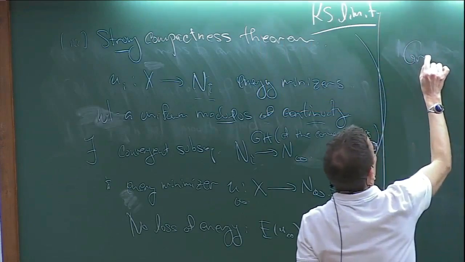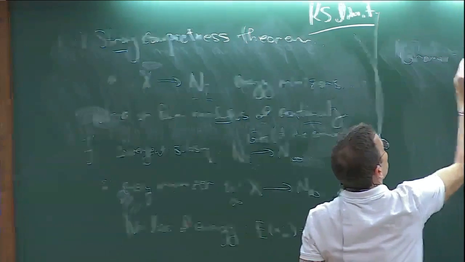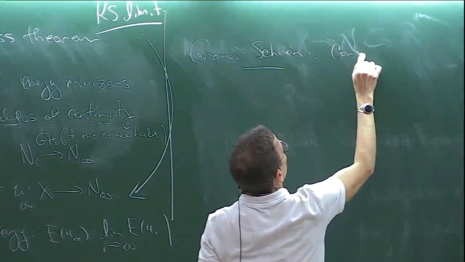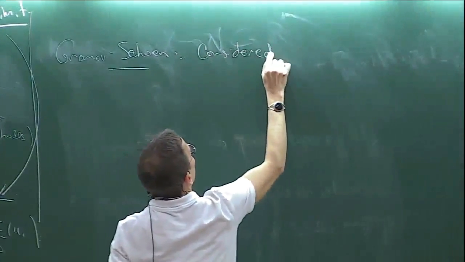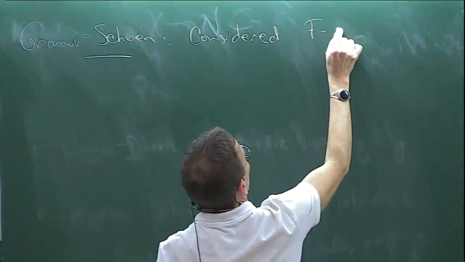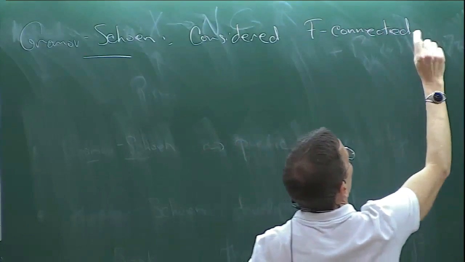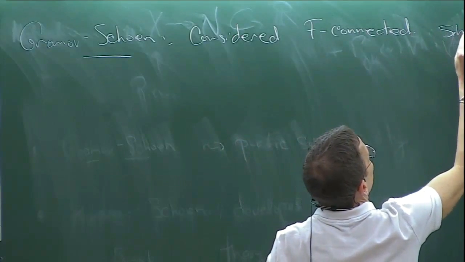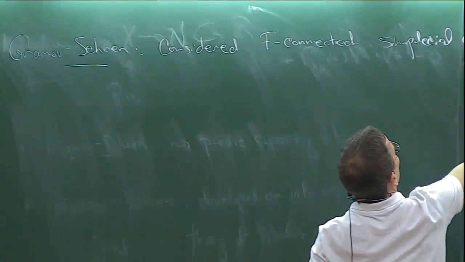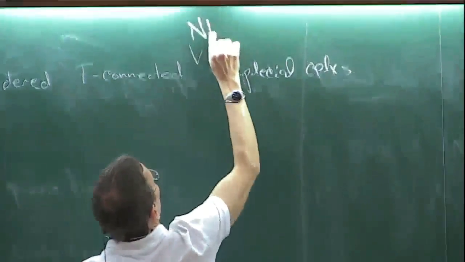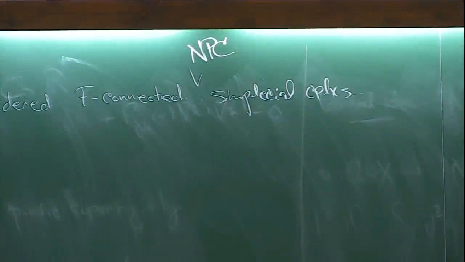They considered the case of what are called F-connected, again, just some technical point that there's no point in really explaining, F-connected NPC simplicial complexes, and they proved a regularity theorem in that case.